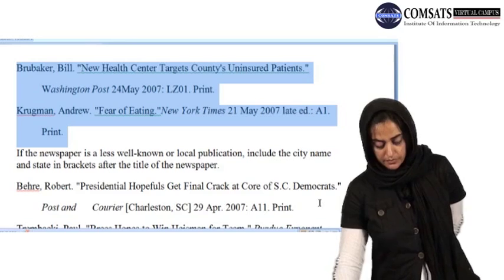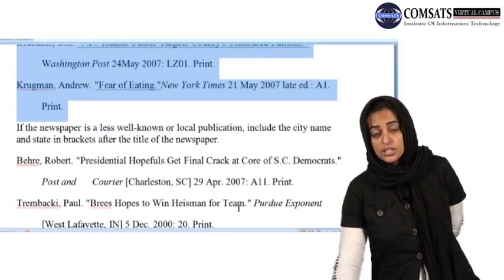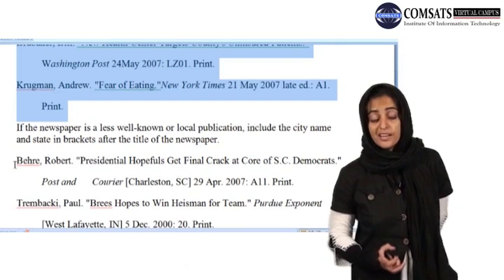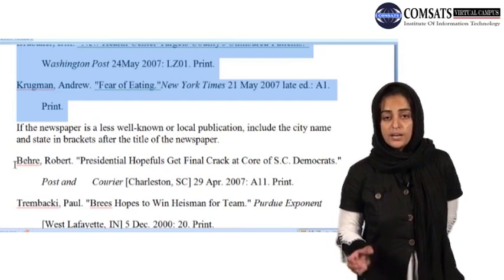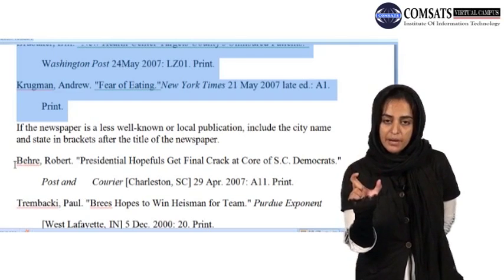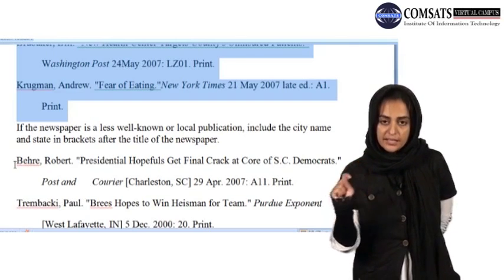Have a look. This is for a situation in which the newspaper is not very well known, or it's a local publication. In order to make it more authentic, you are recommended through the MLA referencing style that after the title of the newspaper, you add in brackets the name of the city and state.